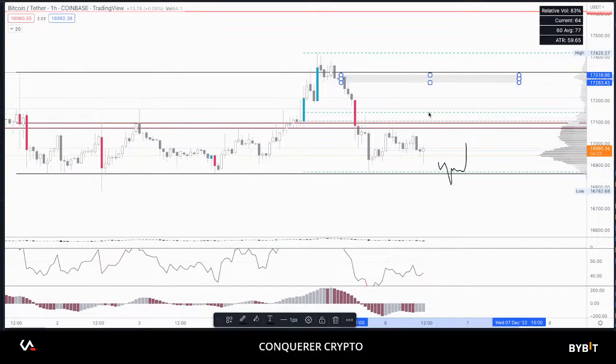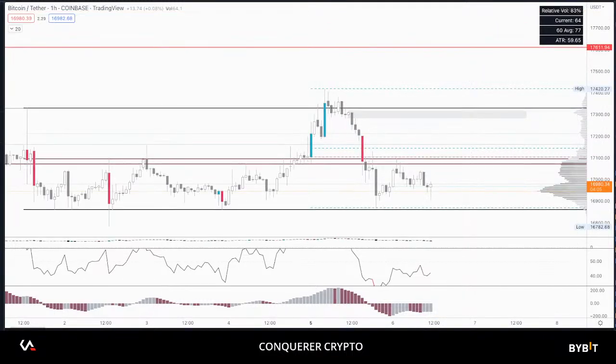But if it's gonna go down lower, it makes sense to take these out first and then run it back. If it starts breaking, then that's another story, of course. If it starts breaking, holding above, then we can look for higher targets.